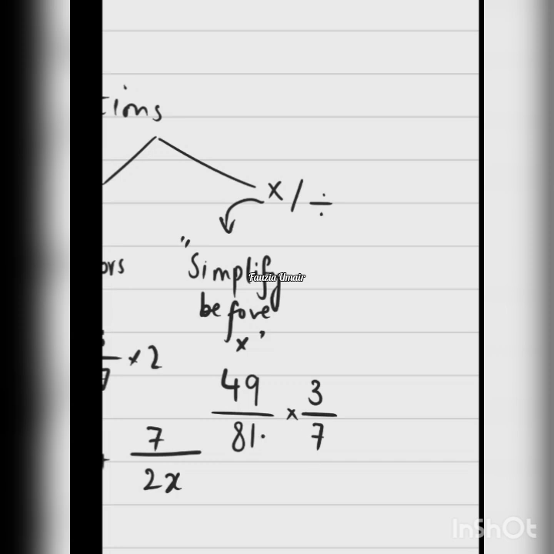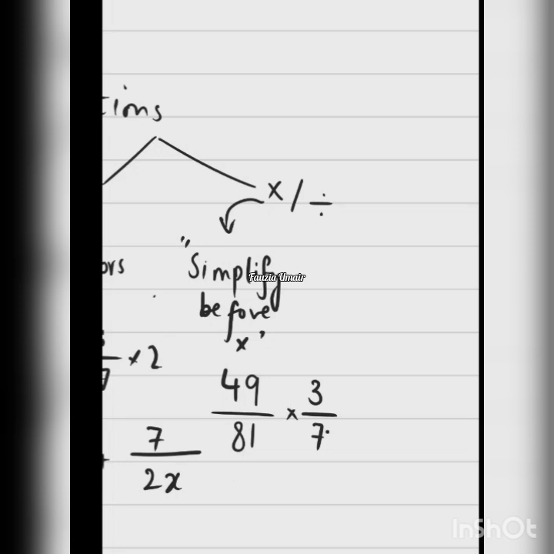So that is a complicated thing. Instead of that, you need to change the order. Simplification comes before multiplication, because you need to simplify it anyhow. You cannot just write down the answer like this, that 49 multiplied by 3 will come in the numerator and 81 into 7 will come in the denominator. You have to simplify anyway.